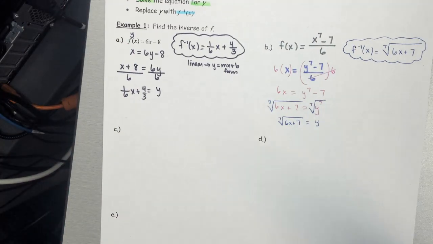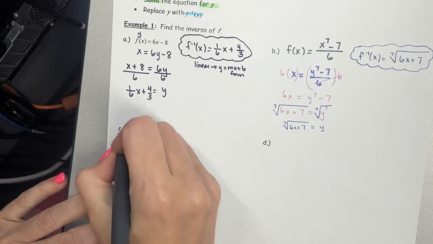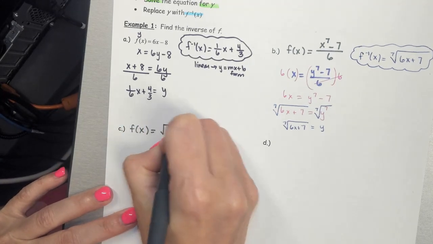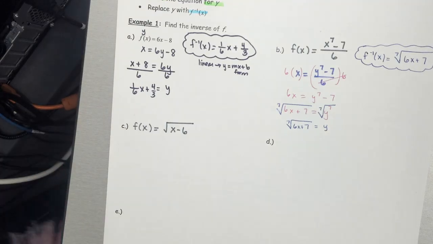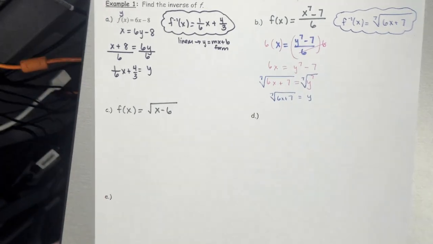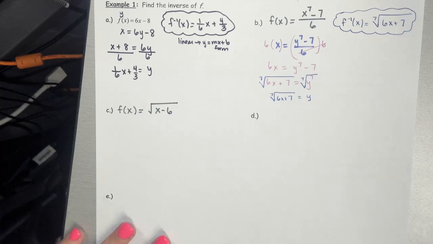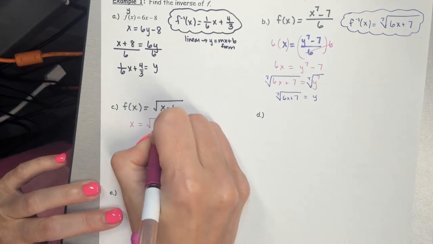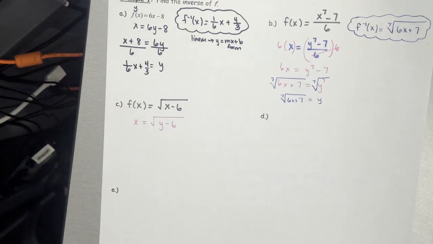All right, and then for C, we're going to look at a square root. So we have f of x equals the square root of x minus 6. If you want to switch x and y to start, please feel free. We have to undo that root.